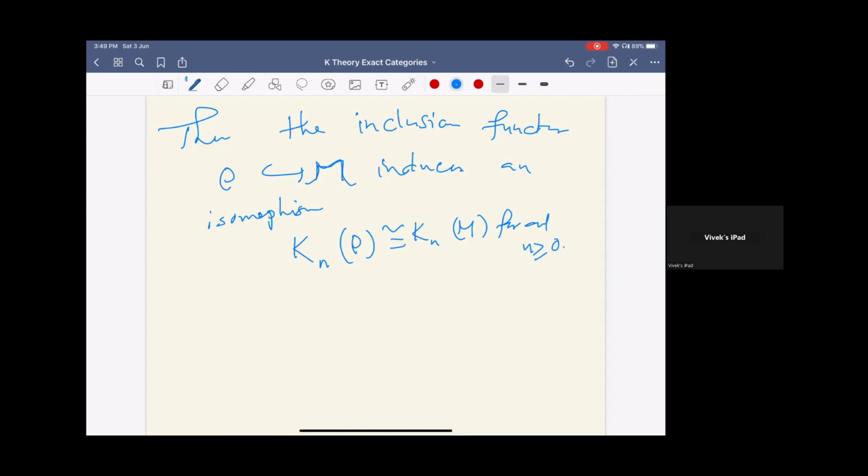In the next talk we will discuss the higher K groups. Okay. So that means in that case, K0 of rho is isomorphic to K0 of M.